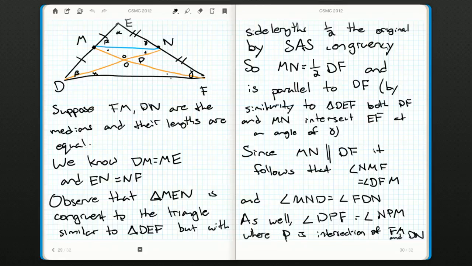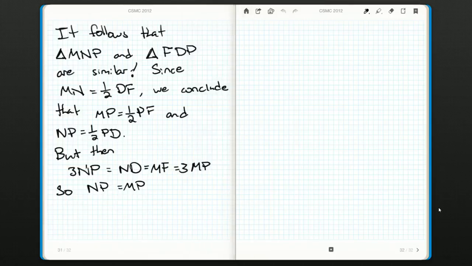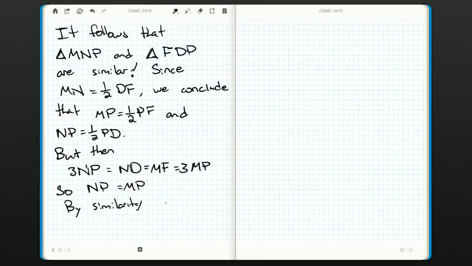And then from there, I think we can get DM equals NF. So by similarity, our other two, PD is equal to PF, right?